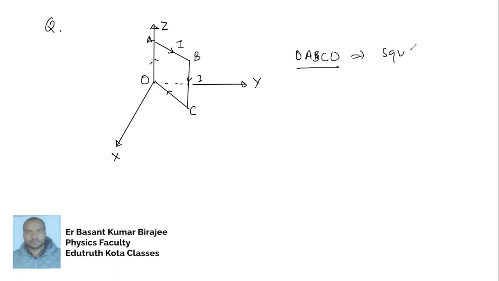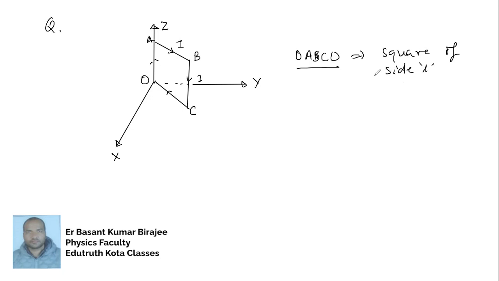It is a square of side length L. Each side has the same side length L. And we have to find the magnetic moment.